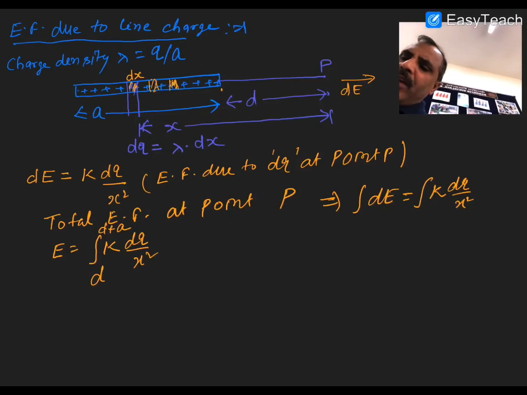The lower limit is d and the upper limit is d plus a, and dq is equal to lambda dx.